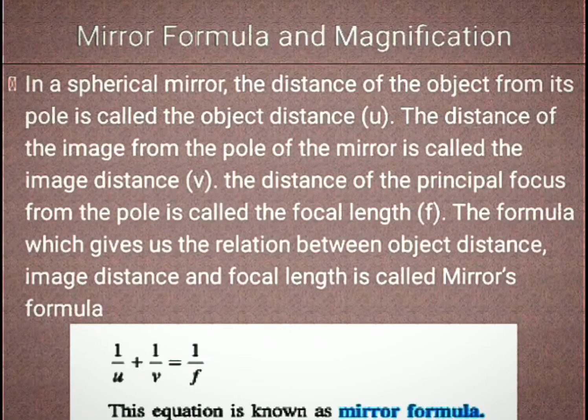We have also discussed focal length, which is the distance between the principal focus and the pole. A formula which gives the relation between object distance, image distance and focal length is called the mirror formula, which is given as 1 upon u plus 1 upon v is equal to 1 upon f. This equation is known as the mirror formula.